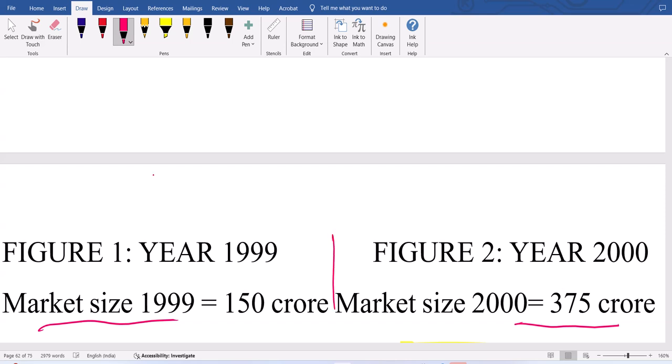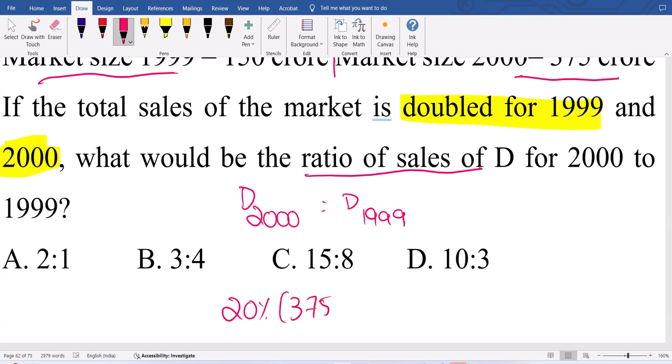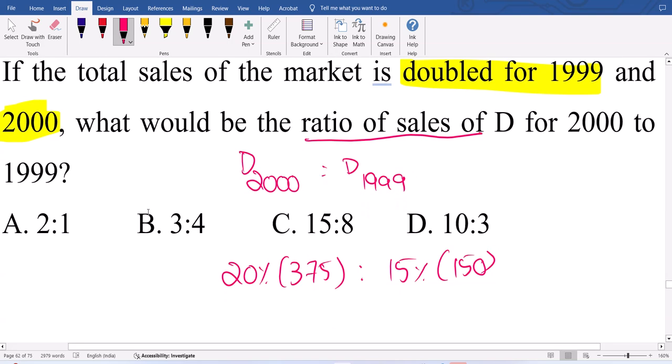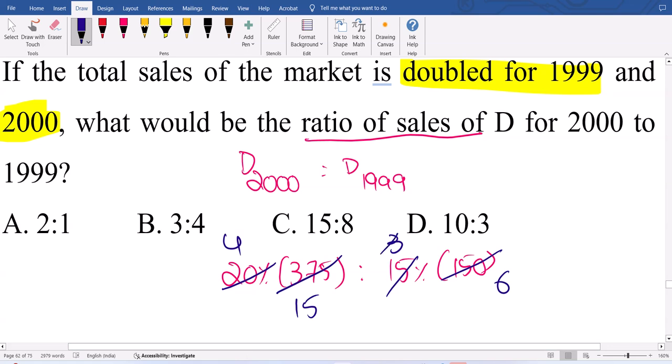The first pie chart value is 150 crores. So D in 2000 is 20% of 375. D in 1999 is 15% of 150 crores. They said the market is double. If we double also, things will cancel. Waste of time. Now cancel those ratios directly. 5 4 times, 5 3 times, 25 6 times, 25 1 and 5, right? So 15, 3 5 times gone.